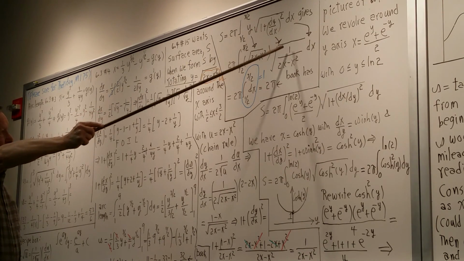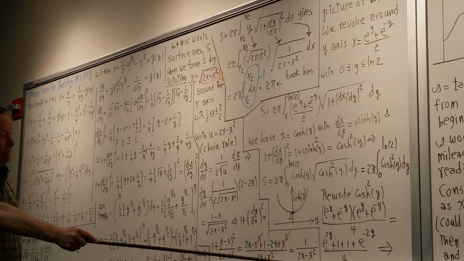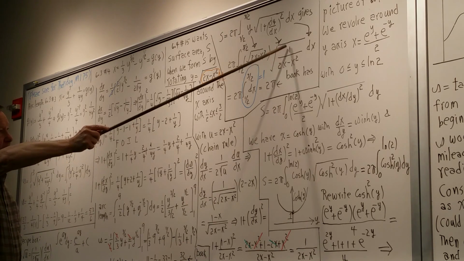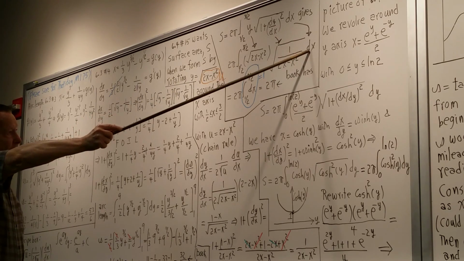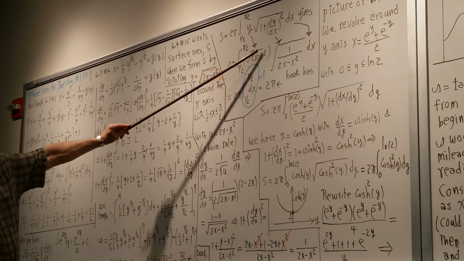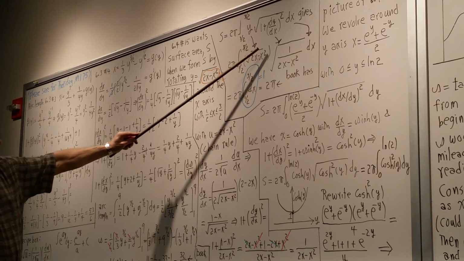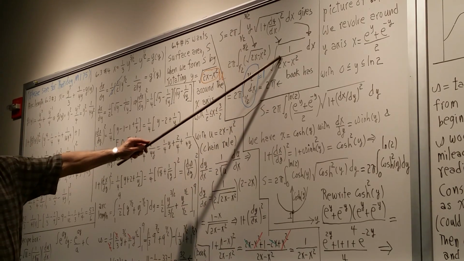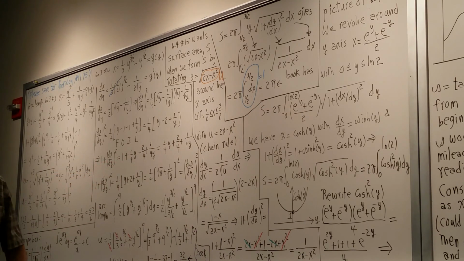We found that this simplified to here, and so you have the square root of that. This is your square root of 1 plus the squared derivative, and then dx is over here. Well, now notice that this cancels with there, so you have the 2 pi and 1 and dx from a half to 3 halves, and that's how you get the 2 pi.